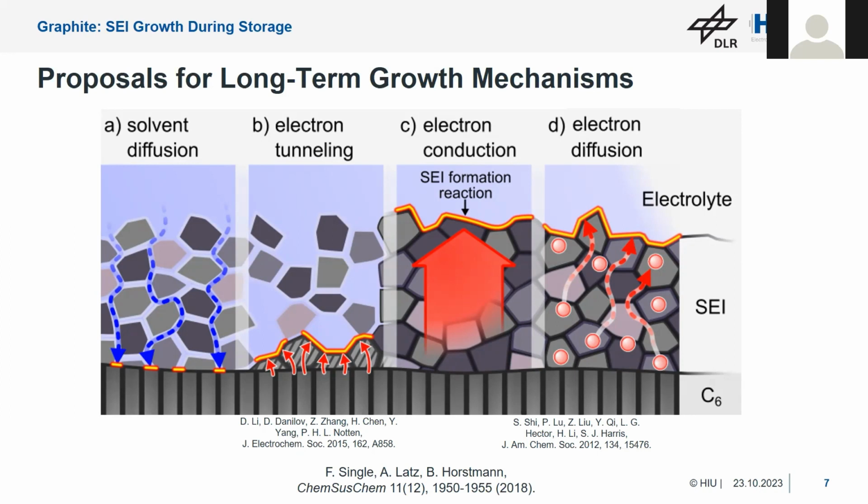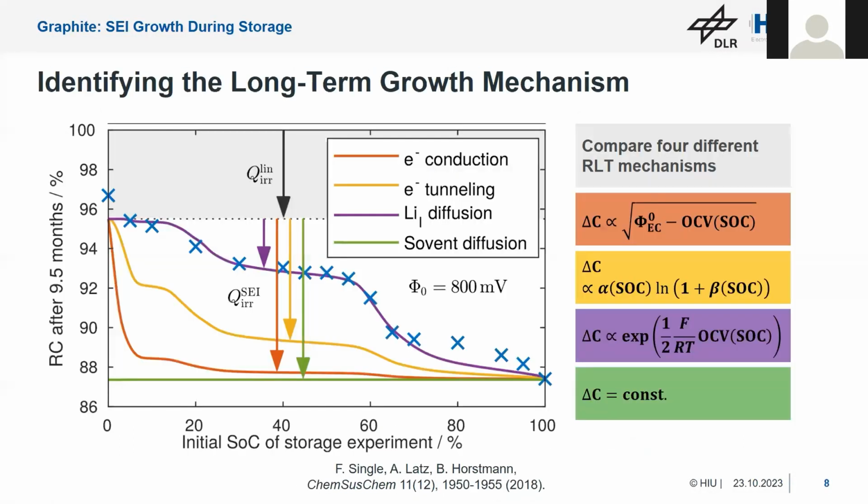So it's like a lithium ion that you have in your SEI. You give it a backpack, and in the backpack it has its electron, and with the backpack it moves towards the front of the SEI and releases its electron there. So these are the four mechanisms I'm going to discuss.